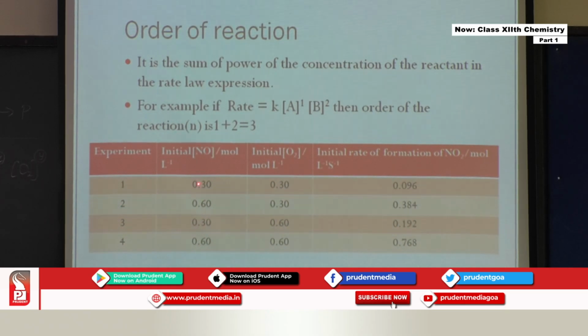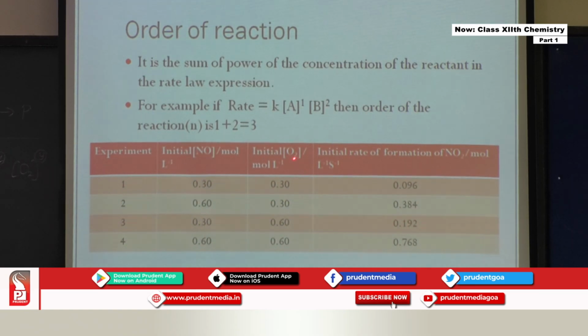In the first experiment, we find that the concentration of nitric oxide is 0.3, it is constant, it is not changing in the third experiment, while the concentration of oxygen changes from 0.3 to 0.6. The rate of the reaction changes from 0.09 to 0.192.